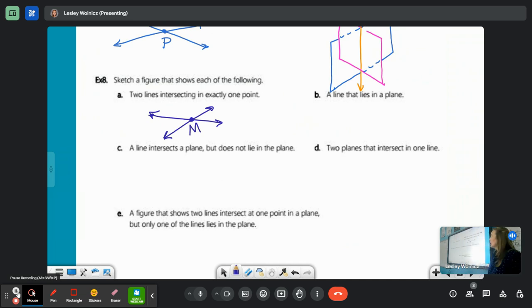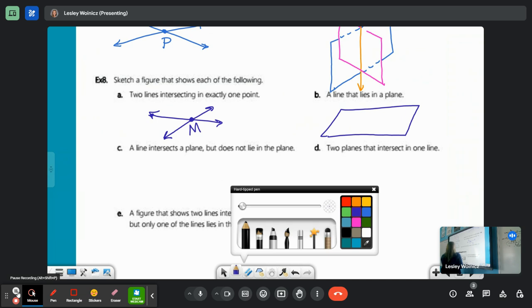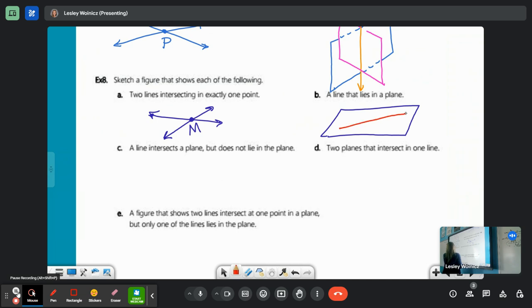What about a line that lies in a plane? Well, I need a plane. Okay, and then I'm going to just draw my line in the plane. What do you want to call it? A? I hear A? Okay, so we're going to do a lowercase script K.